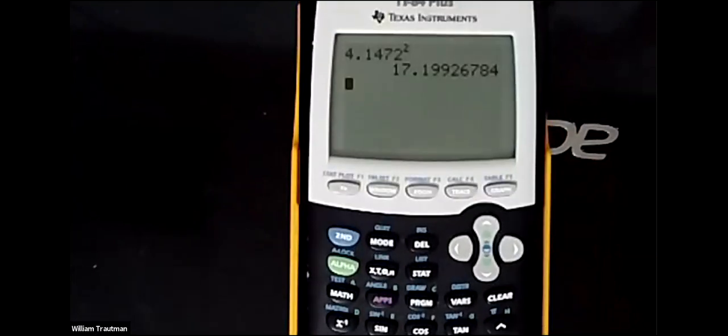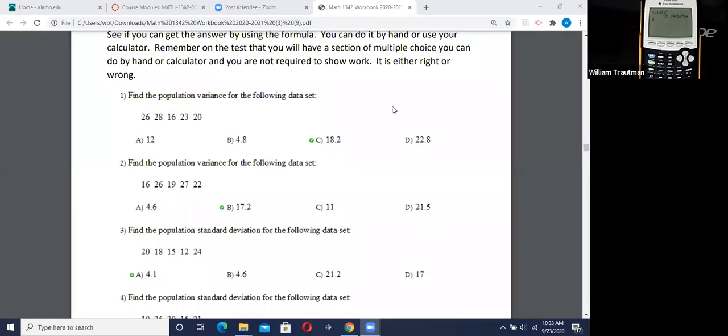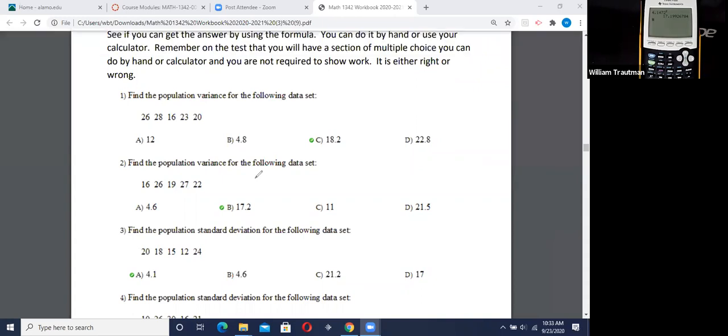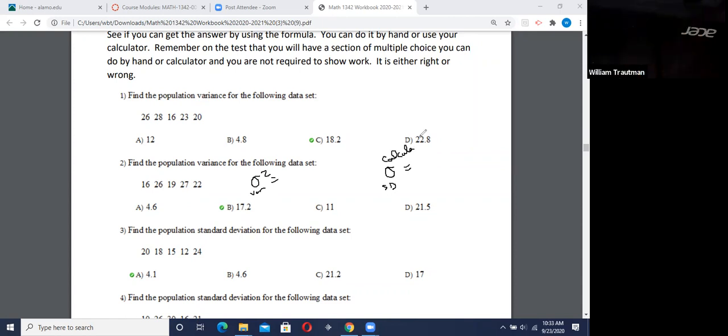So I'm coming back to the calculator, and once again, we are looking for this answer. My calculator only gives me standard deviation, not variance, and it gave me 4.1472.